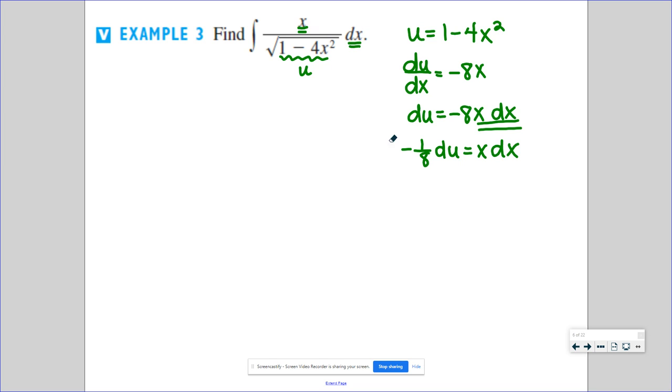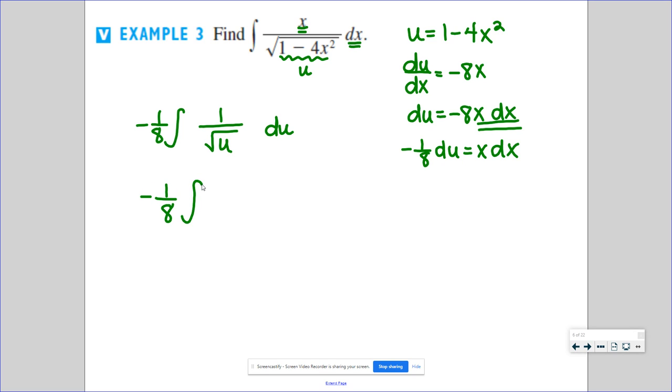So I'm going to take negative 1/8 du, and I'm going to put that in place of all this stuff that's on the top, okay? Now, since all that stuff is on the top of the fraction, it's being removed, right? And negative 1/8 du is being put in its place. What you can do is just put the du over here on the outside and then put 1 on top, since technically there would be nothing left up there. You can just put a 1 as a placeholder.